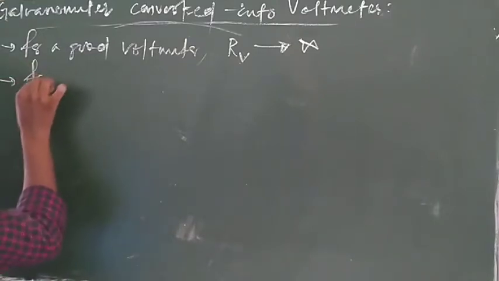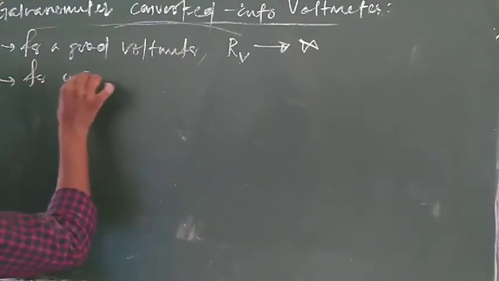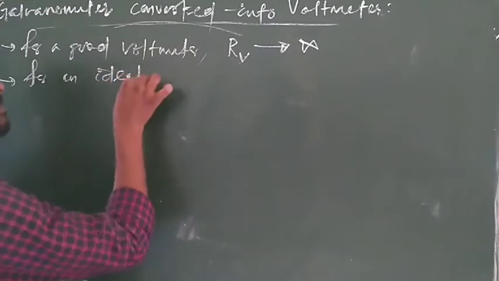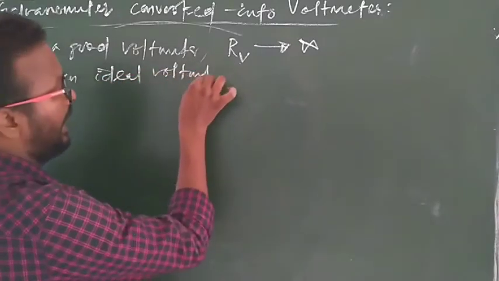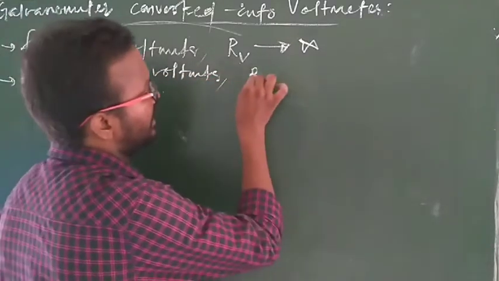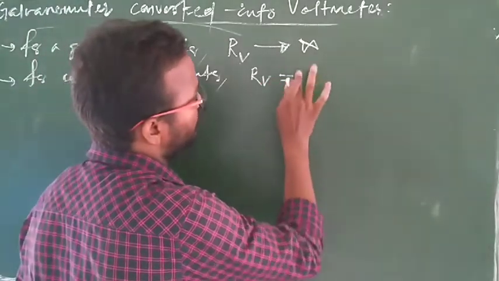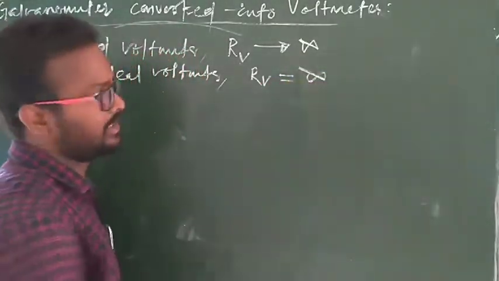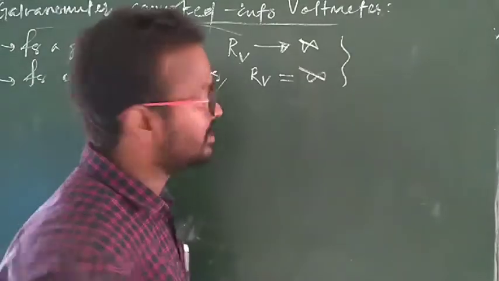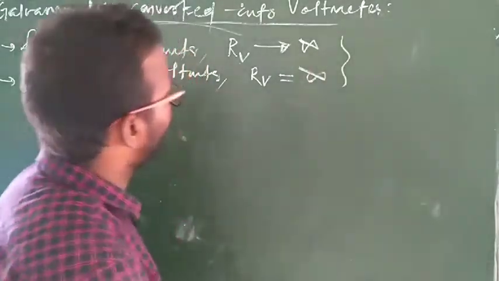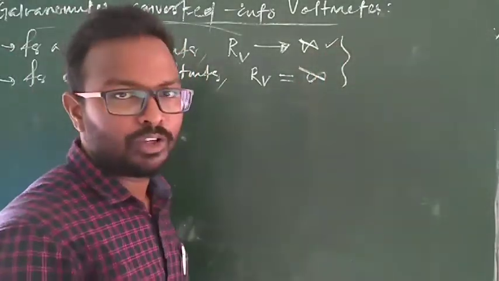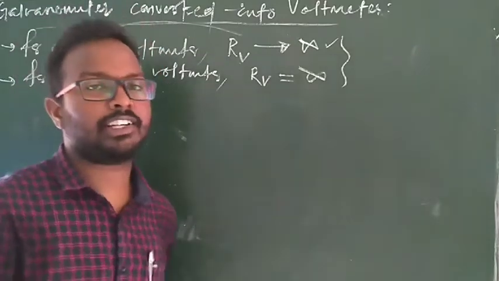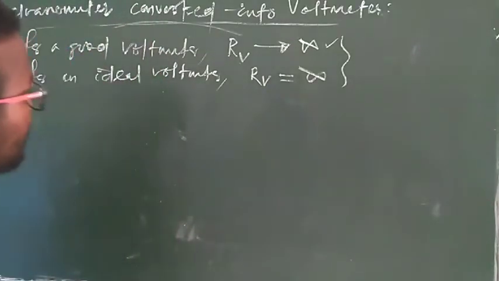Second, for an ideal voltmeter, the resistance of the voltmeter should be equal to infinite. This is an important case because with this resistance we get the actual potential drop across the resistor.